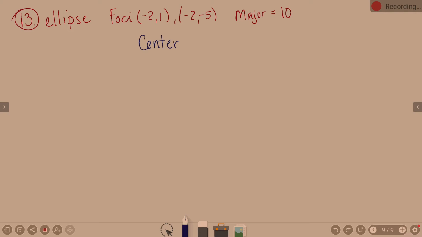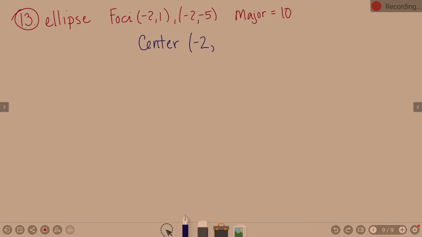Because if one of my foci is 2 left, 1 up, and the other one is 2 left, 5 down, if my center has to be in between those, well, what do you definitely know about your center? It's also going to have to be 2 left, yes? Because if my foci are both 2 left, one of them's 2 left, 1 up, the other one's 2 left, 5 down, my center is in the middle of those.